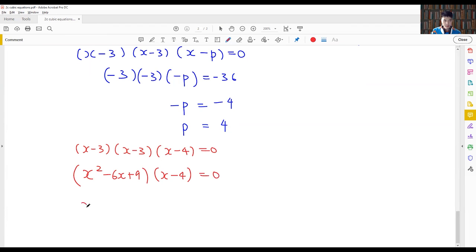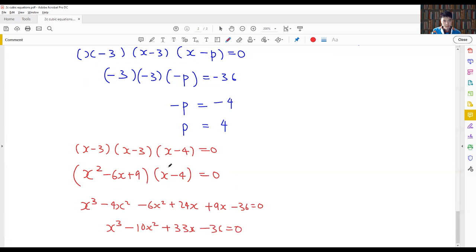Expand this bracket as well. x cubed minus 4x squared, minus 6x squared, plus 24x, plus 9x minus 36 equals 0. Sorry, I missed out one number here. Simplify this equation: x cubed minus 10x squared plus 33x minus 36 equals 0.